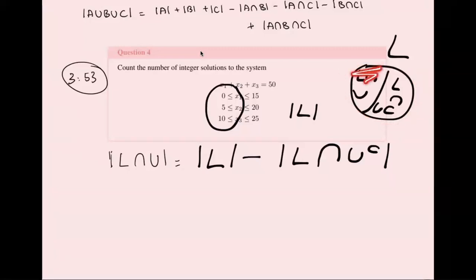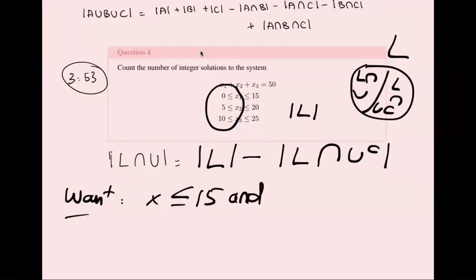Either you satisfy the upper bound or you don't. And now our upper bound is x1 less than or equal to 15 and x2 less than or equal to 20 and x3 less than or equal to 25.